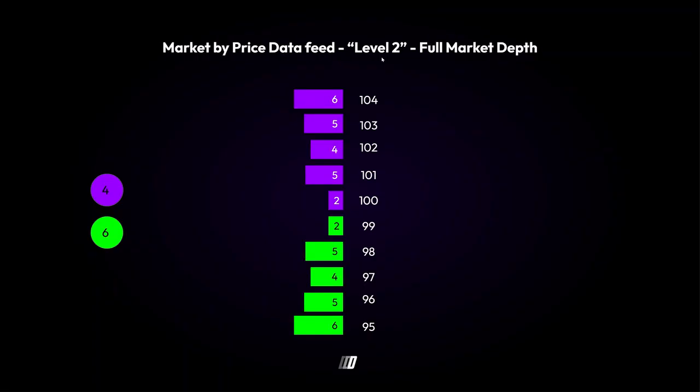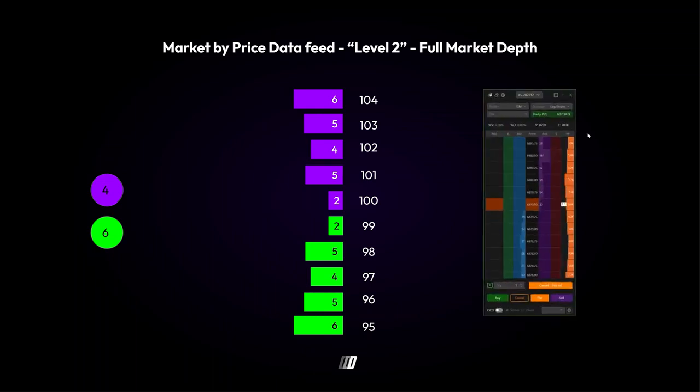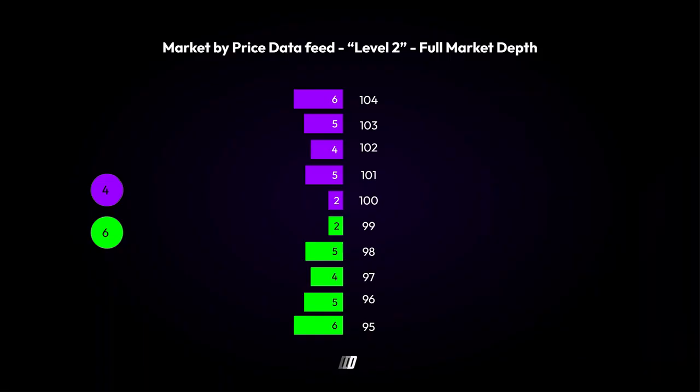Or you can get a market by price data feed, level 2, that shows you the full market depth. This, for example, is a full depth book. You can see a lot of levels inside of the book. So you see all the levels up, all the levels down.